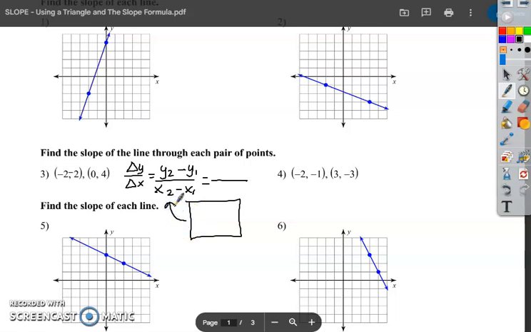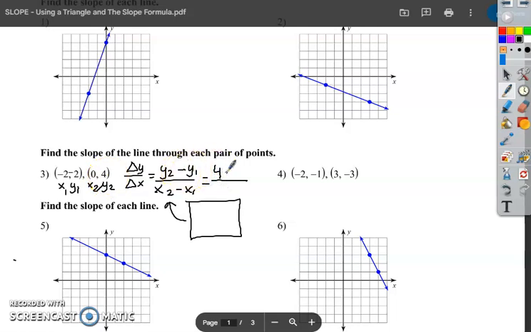What I would do is label your points: x1, y1, x2, y2, and you can use the calculators on this. When I'm looking here, I want y2 first. y2 is 4.